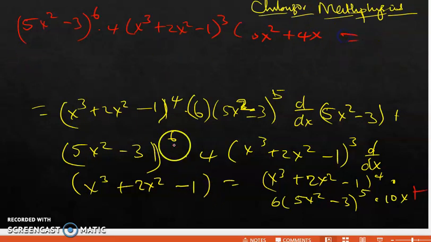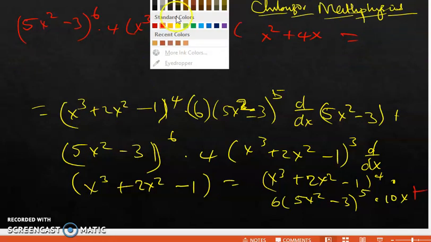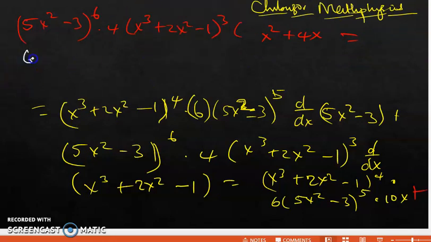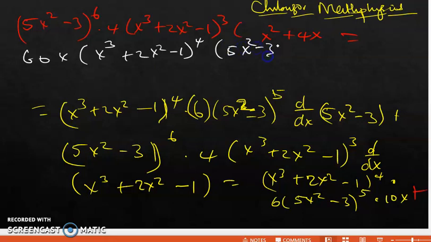Taking a different color, this will give us 60x into x cubed plus 2x squared minus 1 power 4, multiplied by 5x squared minus 3 power 5, plus 5x squared.